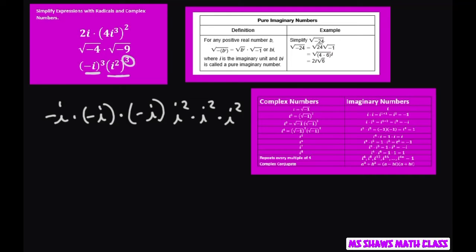Now, with the negatives, we have 1, 2, 3 negatives. That means the answer is going to be negative. And then all I'm going to do is write this i to the first. These are all to the first power. So I'm just going to add them up using your product rule for exponents.